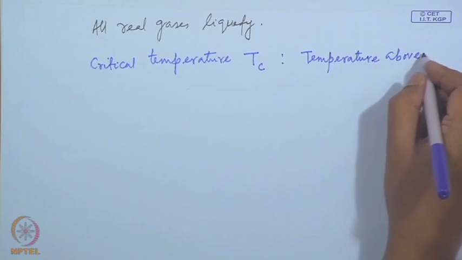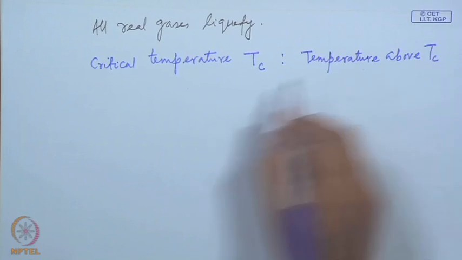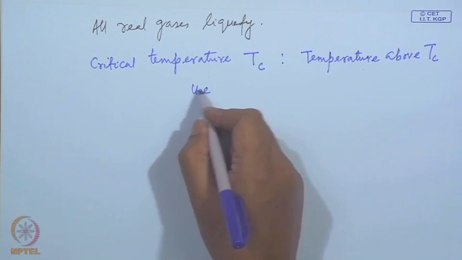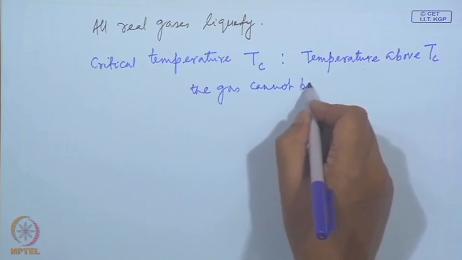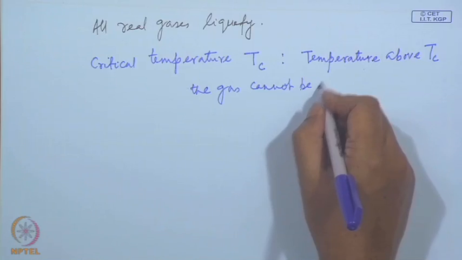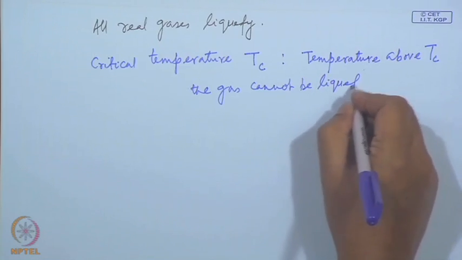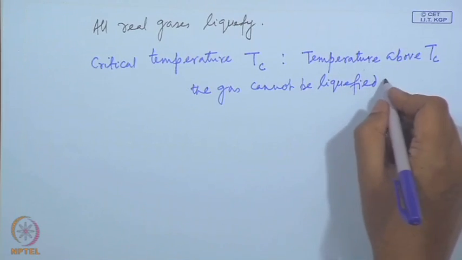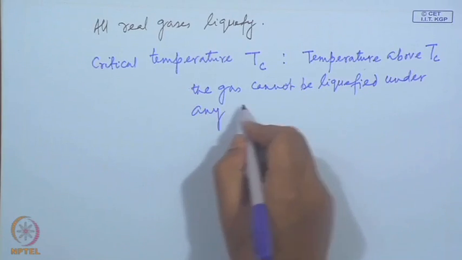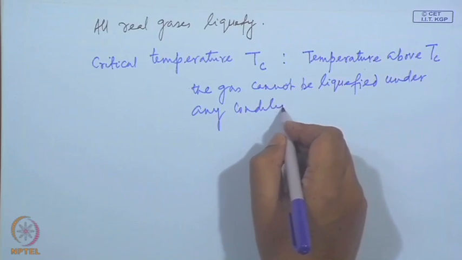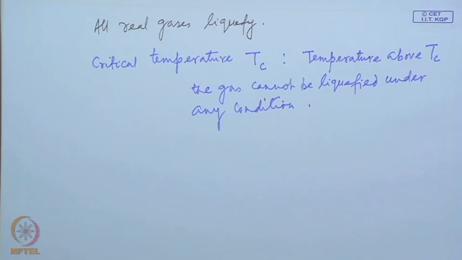So, at any temperature above T c, the gas cannot be liquefied, that is, whatever pressure we apply, if the temperature is above this temperature the gas cannot be liquefied.